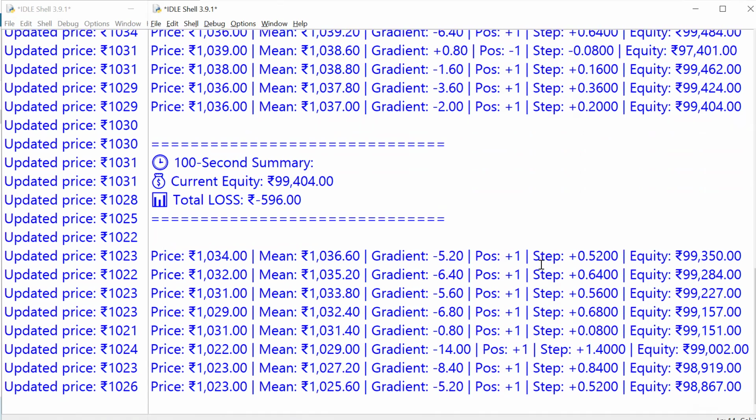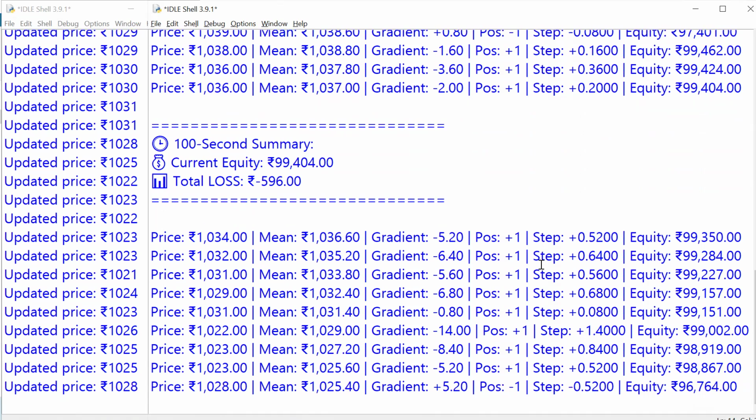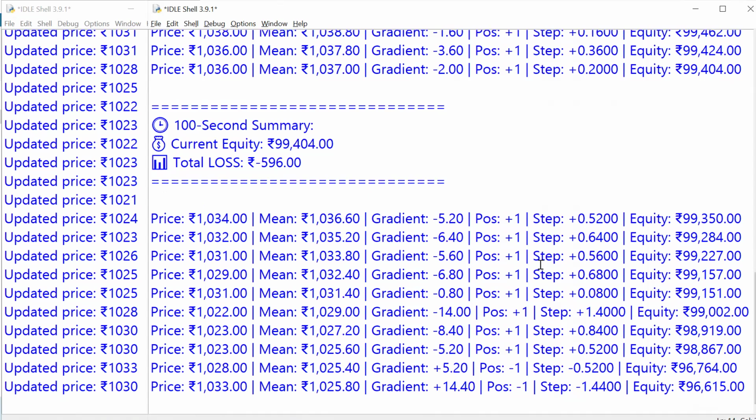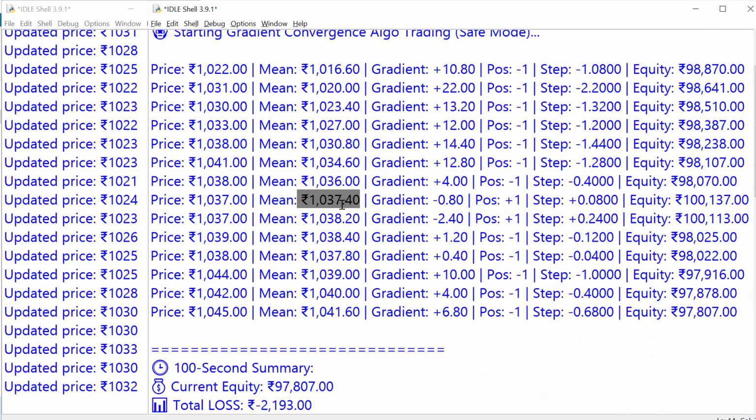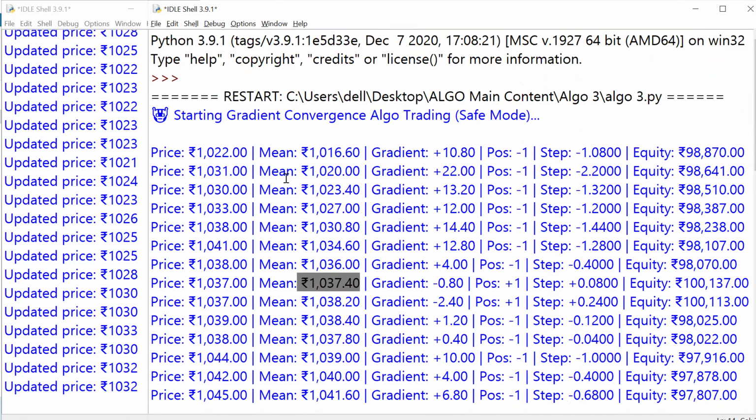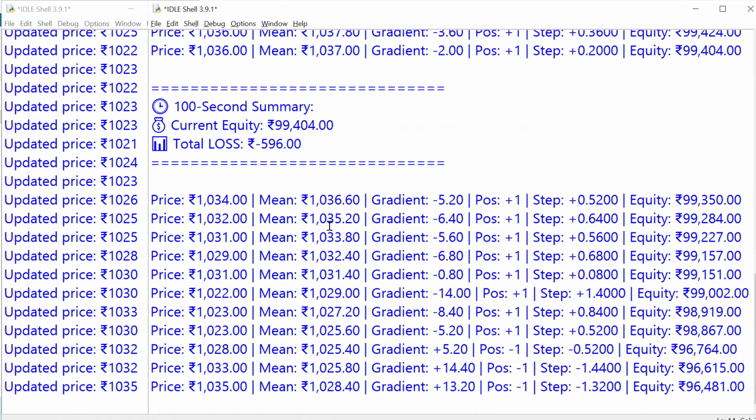I have back tested it so many times. So it is going to make a profit for sure. But you need to keep on running this till we actually reach the requirement. Currently we are still in the loss because the initial loss was very high. The market was continuously trending in one side.